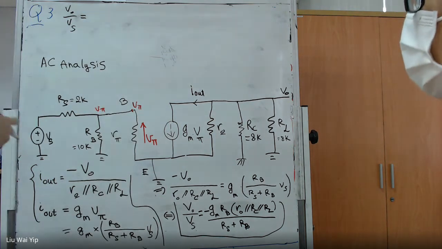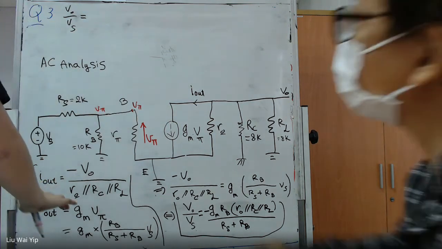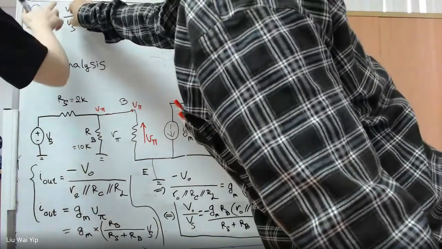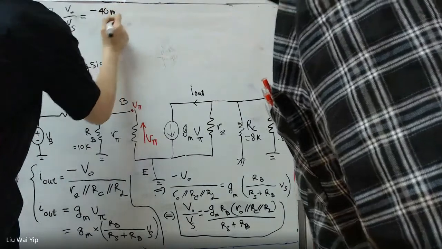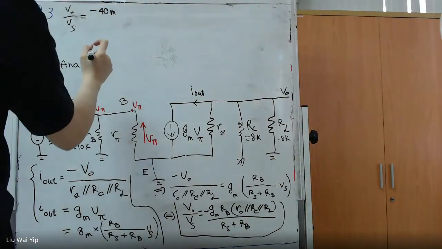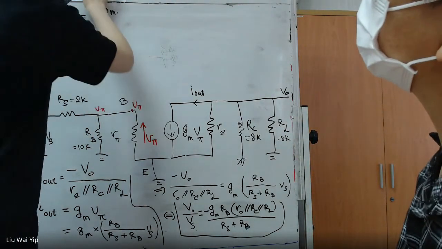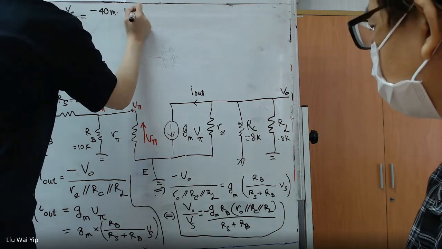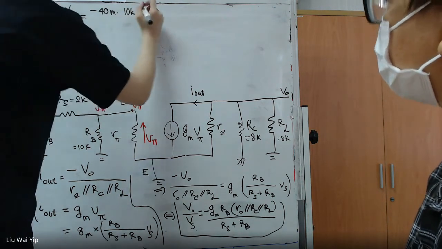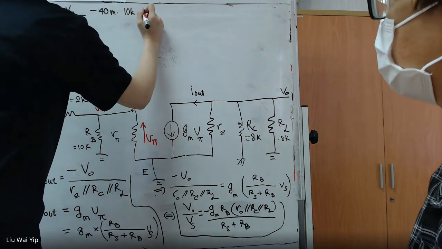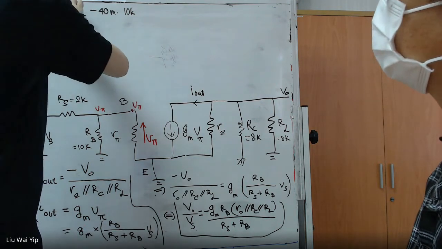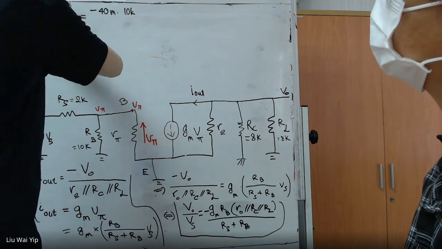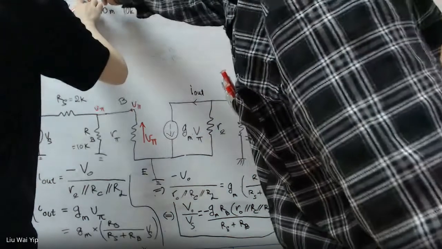Minus Gm is, according to the answer here, 40 milli. And RB is 10K. RO is 2.5K.